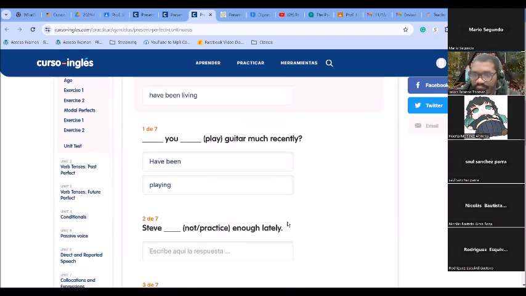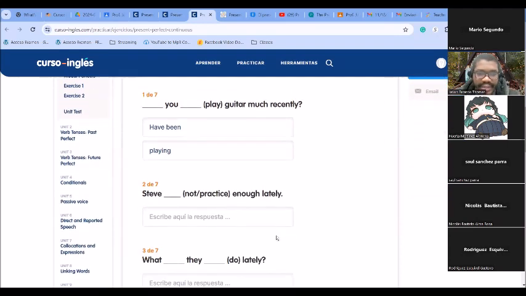All right, let's go to Alondra, number 2, negative form. Steve, no, is a guy. What do we use for singular other people? We use has. Remember.